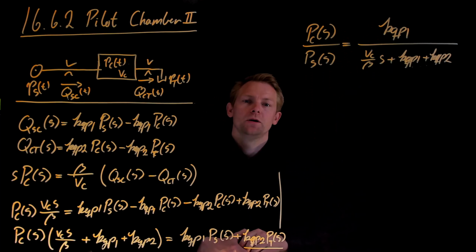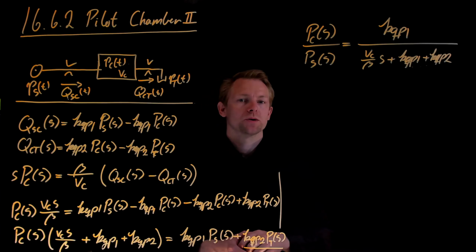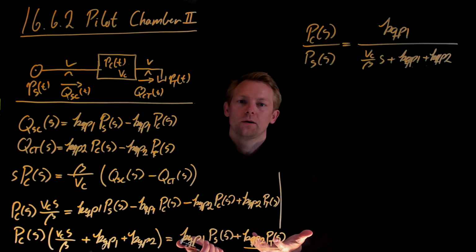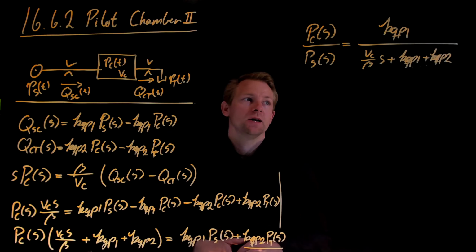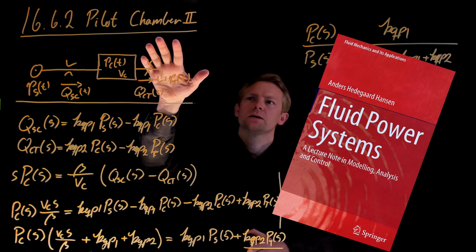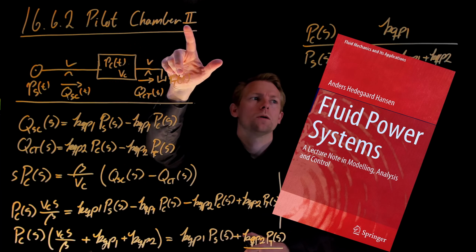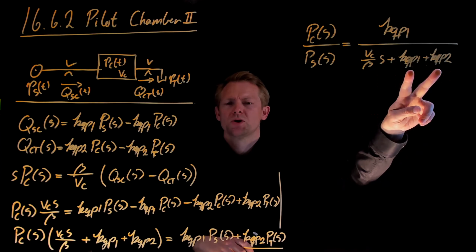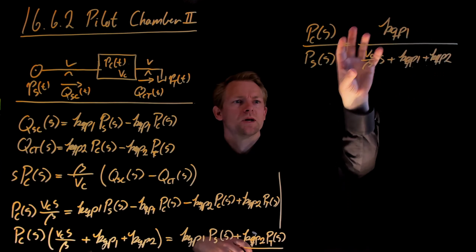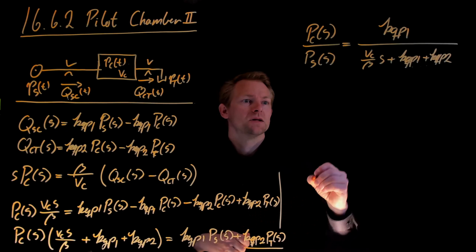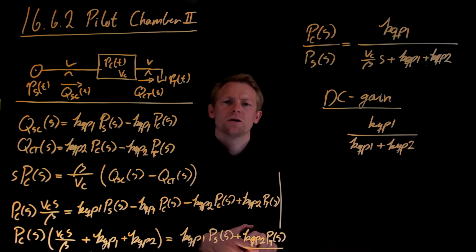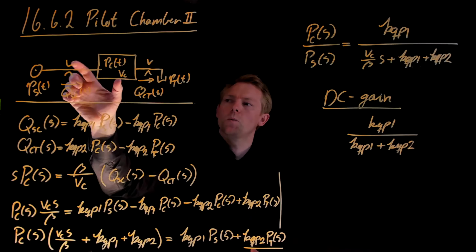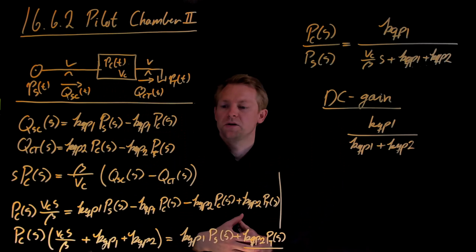It's pretty easy to see that we have a first order transfer function. So some kind of a low pass filter is what we have designed. And if we compare it to the other exercise that we had with pilot chamber 1, now we see that we have 2 terms down here. So that also gives us that the DC gain of this system depends on the orifices that we have here and the partial derivative of that.